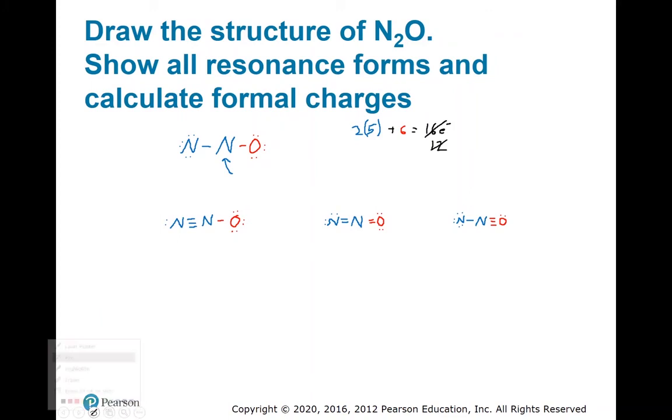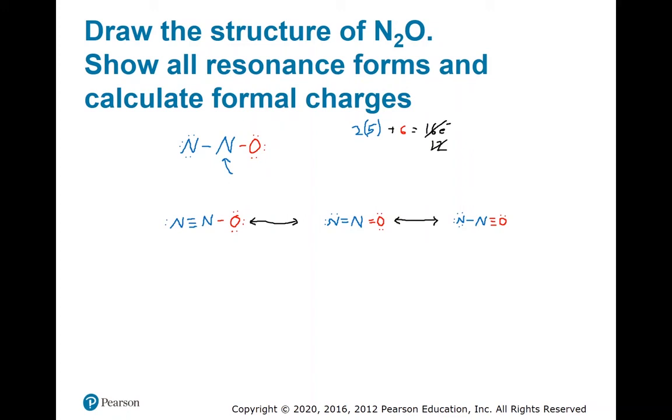These are all different resonance forms, so we should put arrows pointing in both directions between them. This shows that these are 3 different resonance forms, and these are the final 3 resonance forms for these.